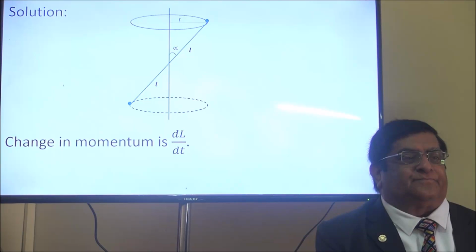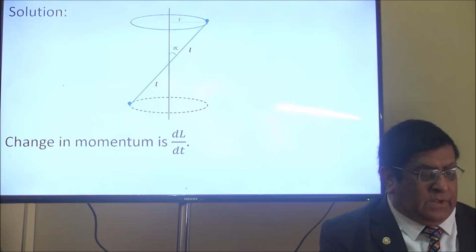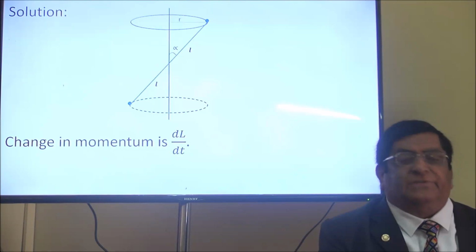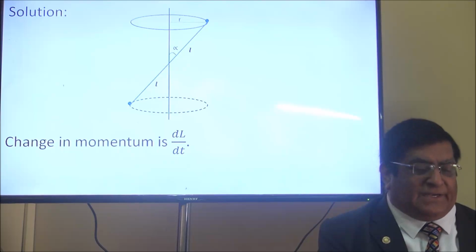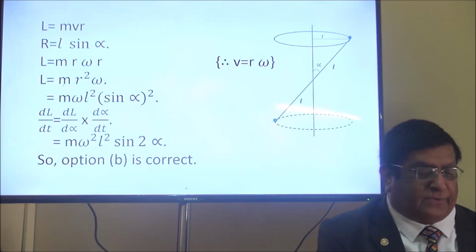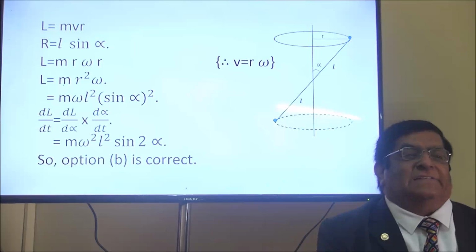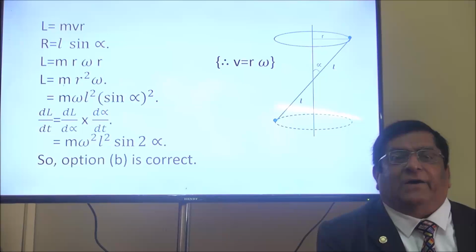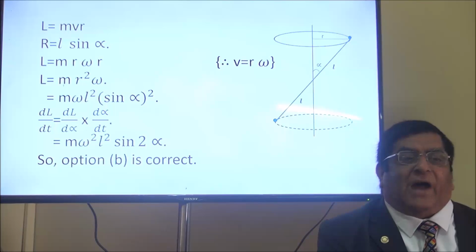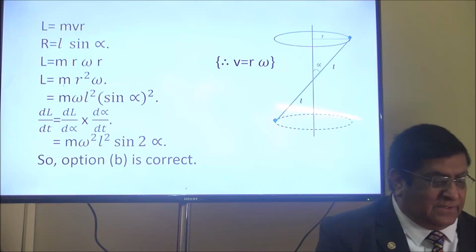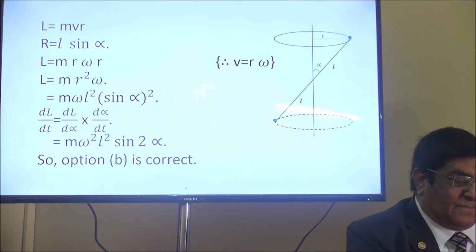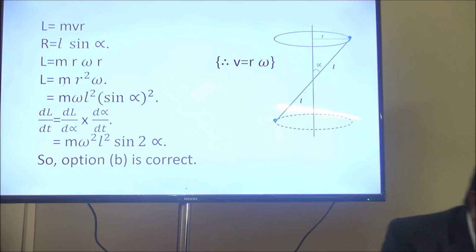Here it is. Change in momentum is dL by dt, that we are supposed to find out. Now, L is equal to, what is the standard formula? M, V and R. What is R here? Radius of rotation. Where is the radius of rotation?